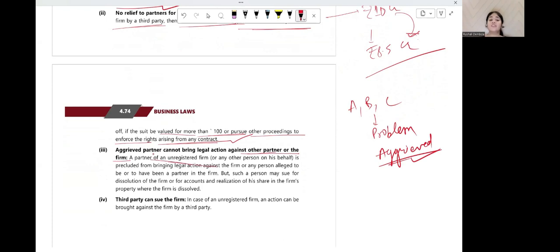A partner of an unregistered firm or any person on his behalf is precluded from bringing legal action against the firm or any person alleged to be or have been a partner in the firm. So B and the people of B, like the legal representative of B also.